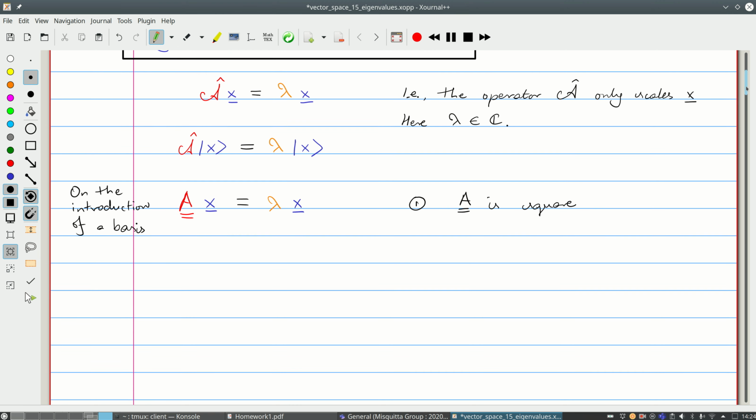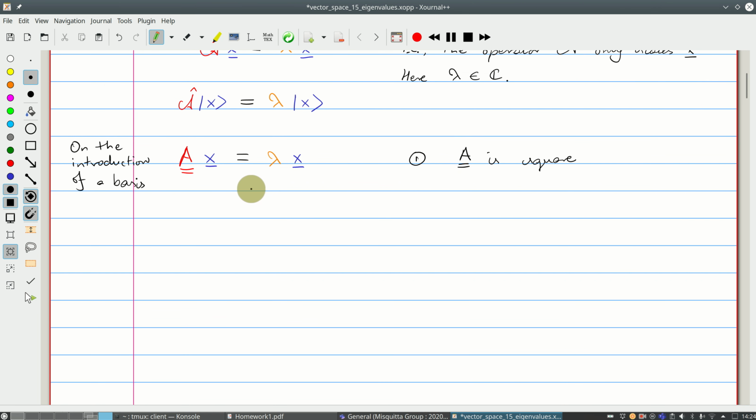So how do you see that? Let's have a look at this matrix-vector product. If A was not square, if A was n by m, then the only way in which we could have A operating on x is if there were as many columns in A as there were rows in x. So x would have to be of dimension m.